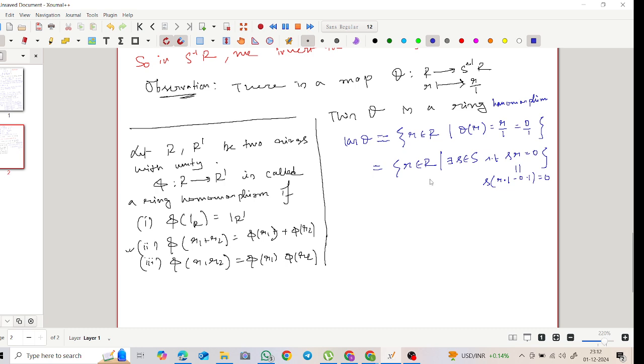So you observe immediately that theta need not be injective. The first intuition I had was that r going to r by 1 is of course an injective map.